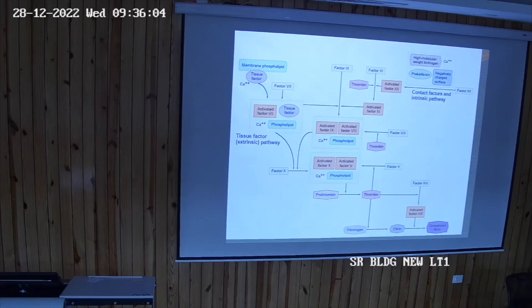So factor 11, high molecular weight kininogen, HMWK. In some books it's written HMWK, high molecular weight kininogen. In presence of calcium, precalciferin and a negative charge surface, this results in the conversion of factor 11 into activated factor.